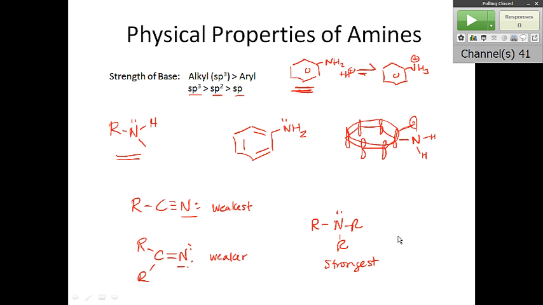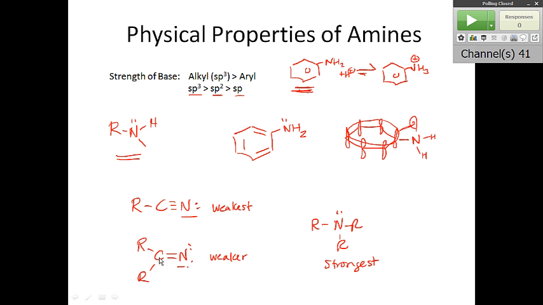A lot of that just has to do with putting the positive charge on the nitrogen. Putting the positive charge on an sp nitrogen is not good. Putting a positive charge on an sp2 nitrogen is not good. We have talked about the fact that an sp2 hybridized carbon, meaning a carbon attached to a double bond, does not form a carbocation. And the same thing would be true for the nitrogen.